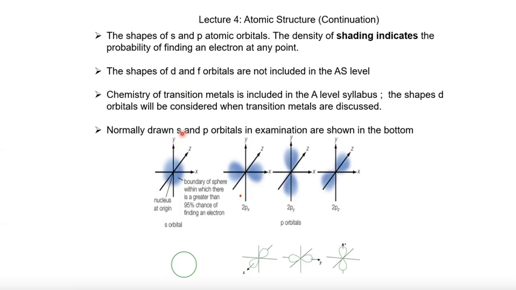Normally, s and p orbitals in examinations are shown at the bottom, where I showed it, not like these shaded ones, because it takes time to do the shading. If one draws like this in an examination, it is okay.